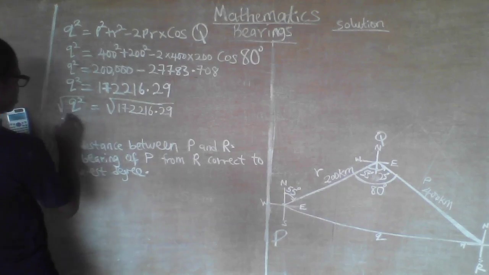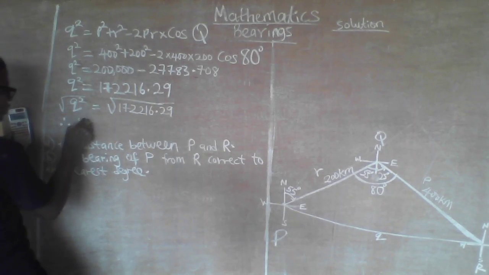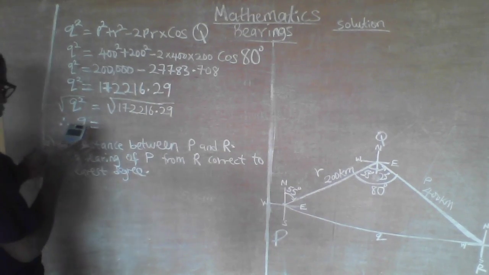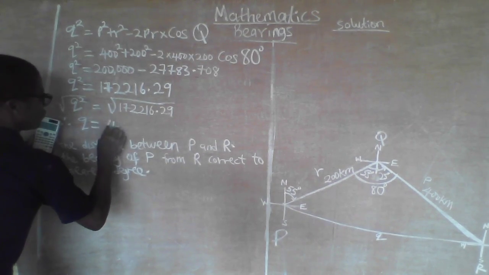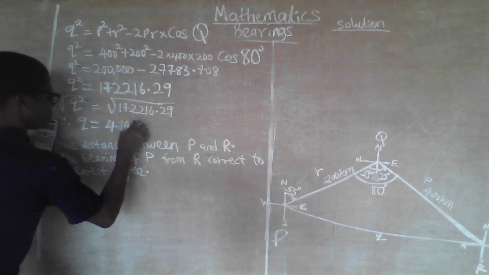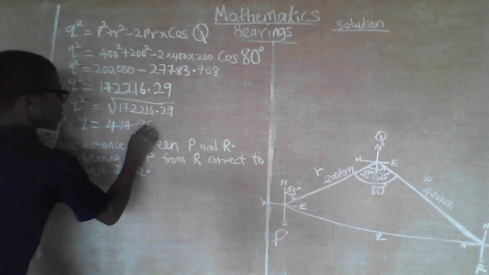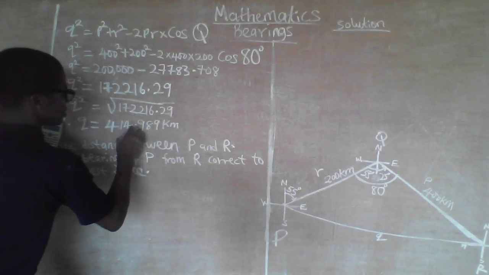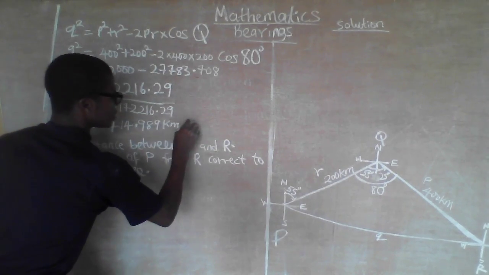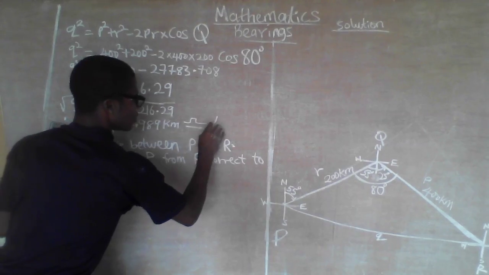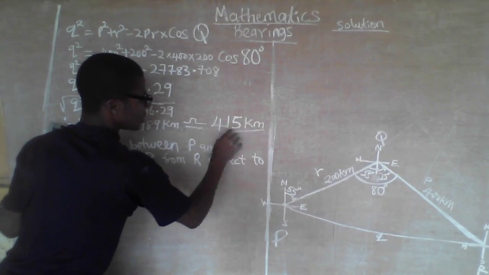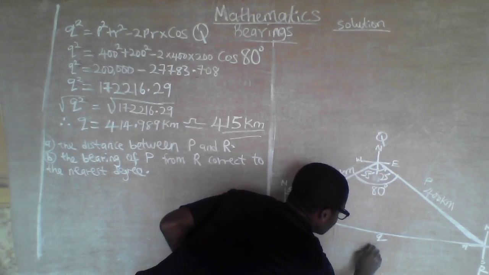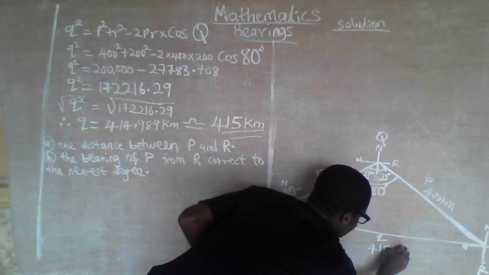Therefore, q is equal to 414.989 kilometers, which is approximately 415 kilometers. So that's the value of q.